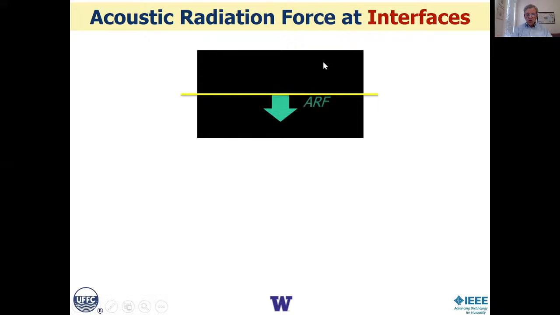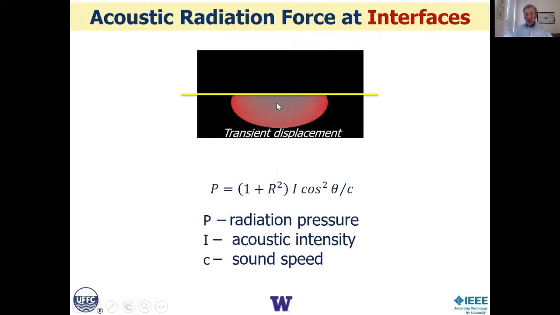That is, if you launch a wave in air, which is perfectly reflected off the surface, we will get a transient force here, which creates this displacement, which can propagate. And what's interesting is because it's reflection-based, it's almost a perfect force transducer. So you go from acoustic intensities to mechanical forces very, very efficiently.